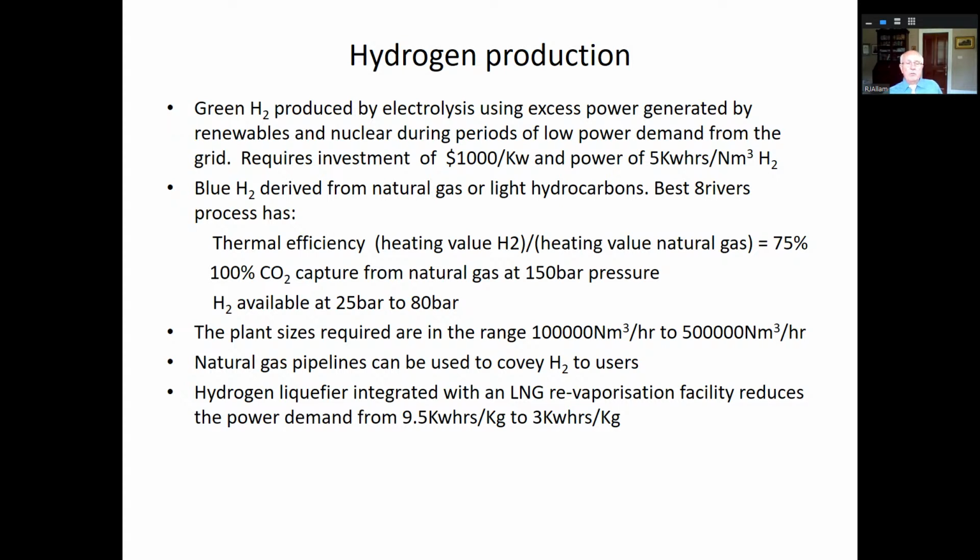In this case, in many countries where LNG is imported, there is an opportunity to integrate hydrogen liquefaction with LNG revaporization, where there is a huge amount of refrigeration available. And this effectively reduces the power demand for liquefying hydrogen to about 2-3 kilowatt hours per kilogram from a conventional standalone plant, which takes about 9.5 kilowatt hours per kilogram. Next slide.